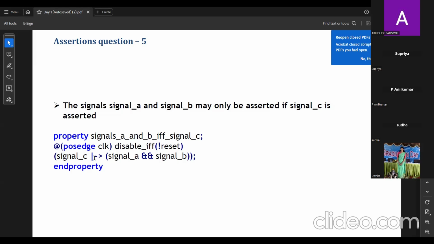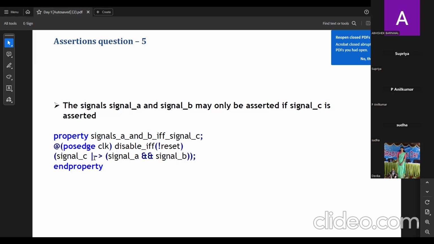The overlapping implication operator is used to check the second condition in the same cycle as the first one, when the first is correct. Like if the first one is correct in this clock cycle, then the second is also checked in the same clock cycle. Correct.